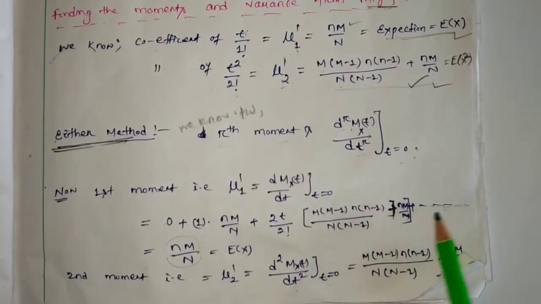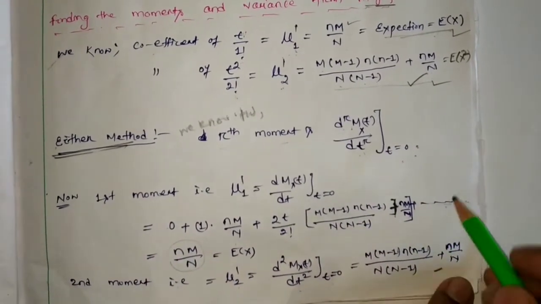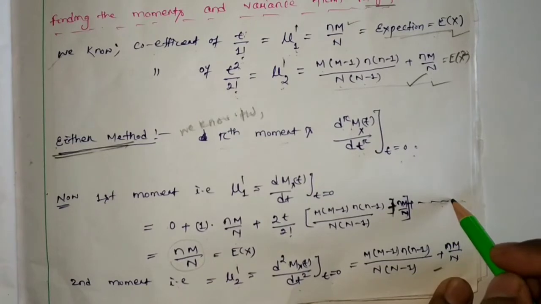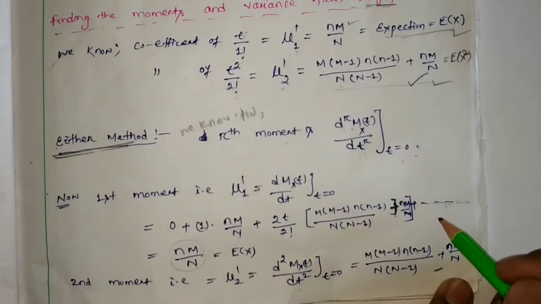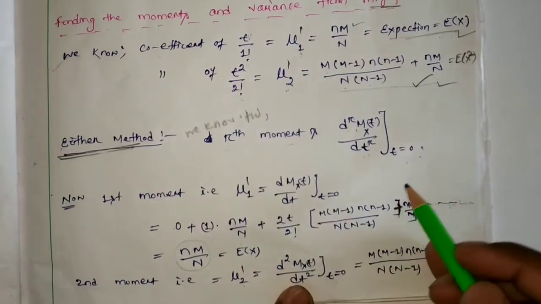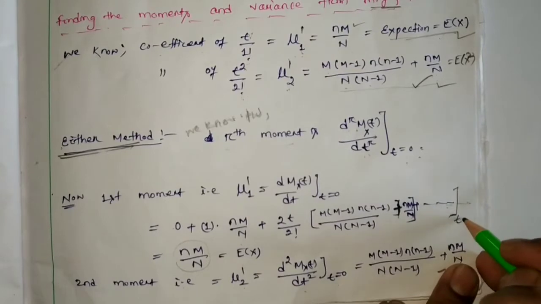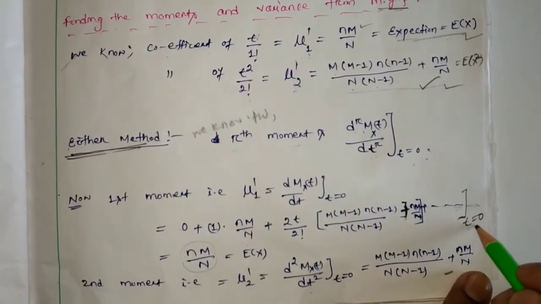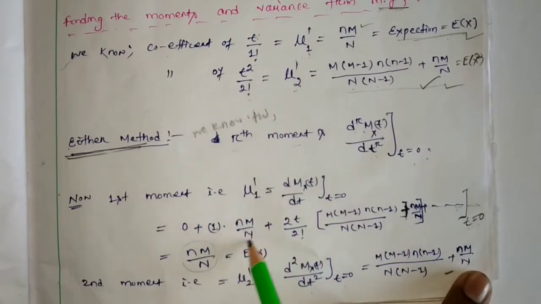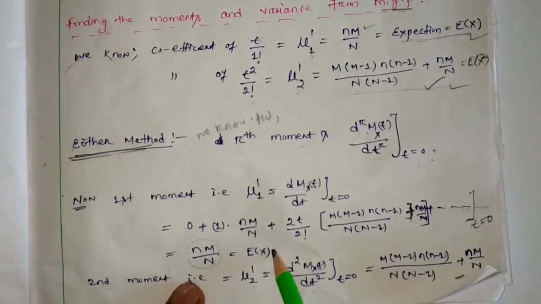Whatever higher order terms we consider after this, those terms have to contain the t term. Now if we put t equal to 0 after the first derivative, then except this term all the terms will be 0. Then what we found is n m by n, that is your expectation, right?